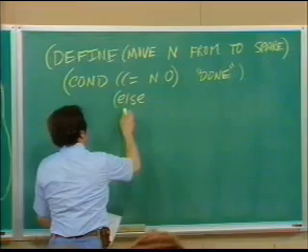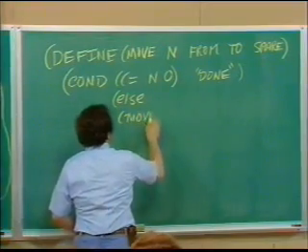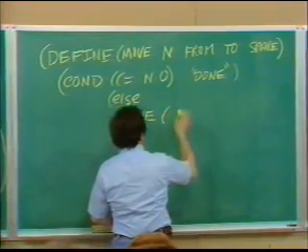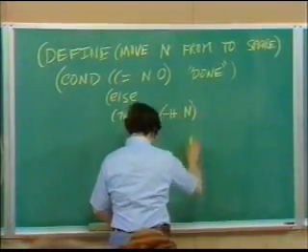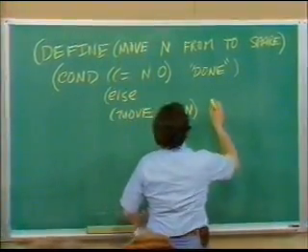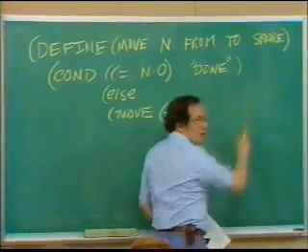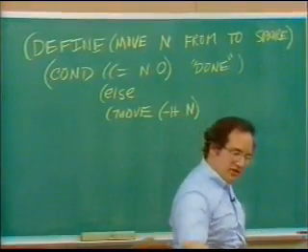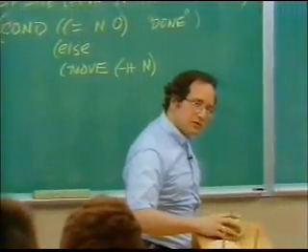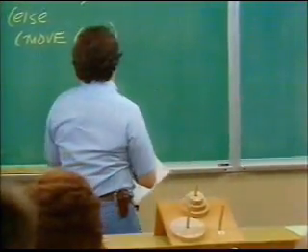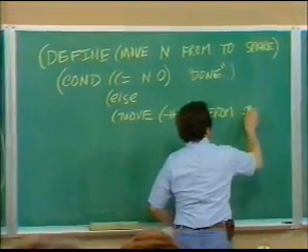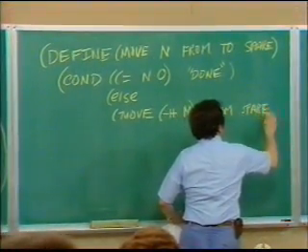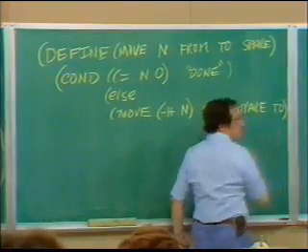I'm going to do a move. Move a tower of height less than n, the decrement of n, height. Now, I'm going to move it to the spare tower. The whole idea now is to move this from here to here, to the spare tower. So from to spare, using 2 as the spare tower.